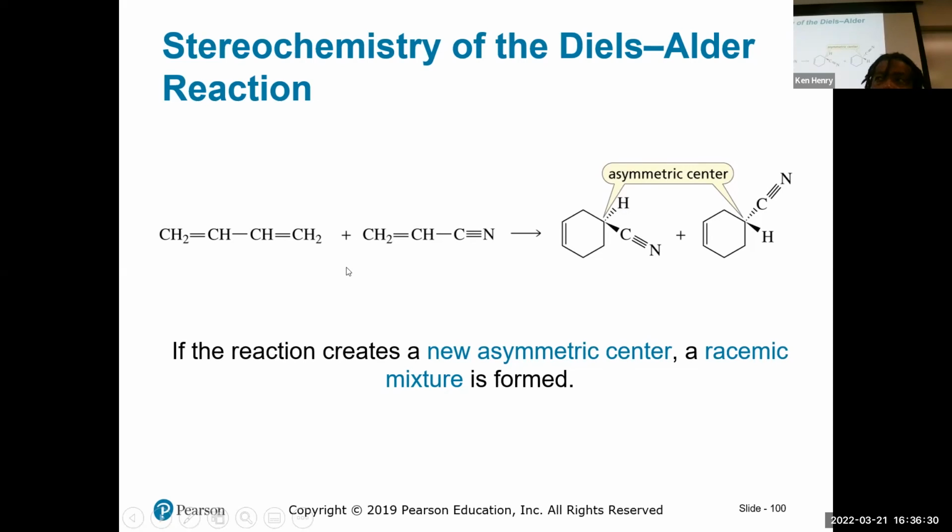And you guys can see how both are going to be formed. Since it's a racemic mixture, what does racemic mean again? Do you guys remember what racemic means? Do you remember polarity?